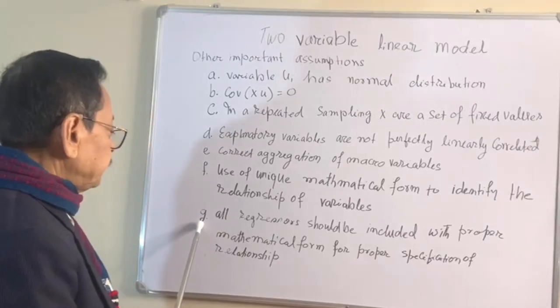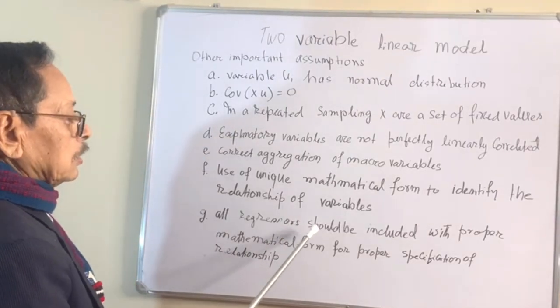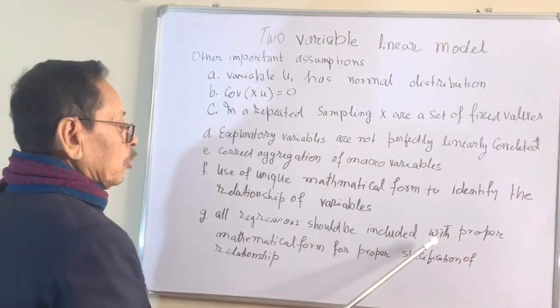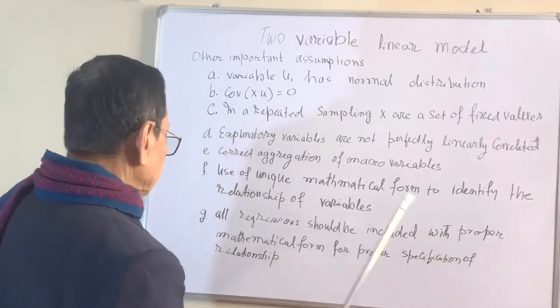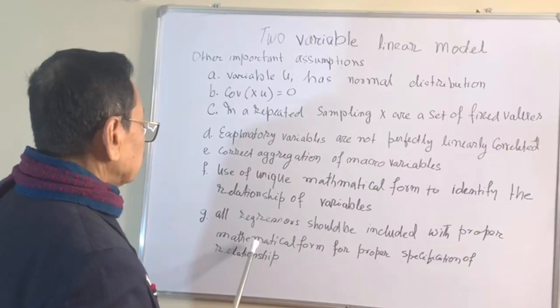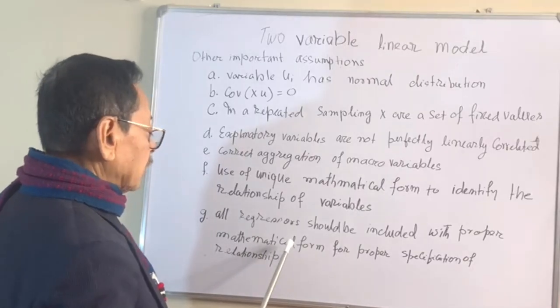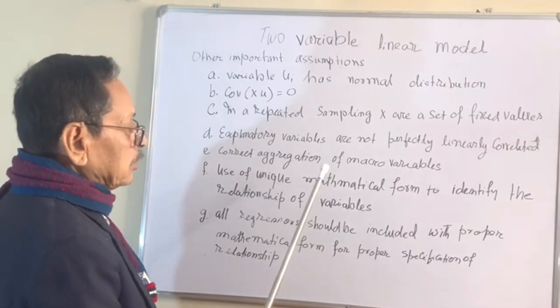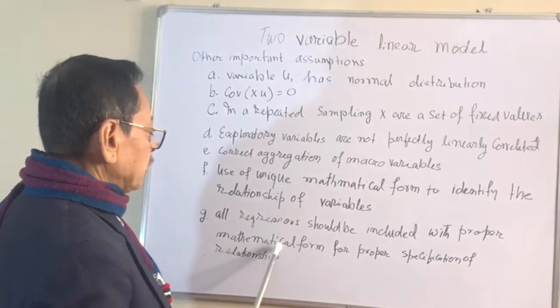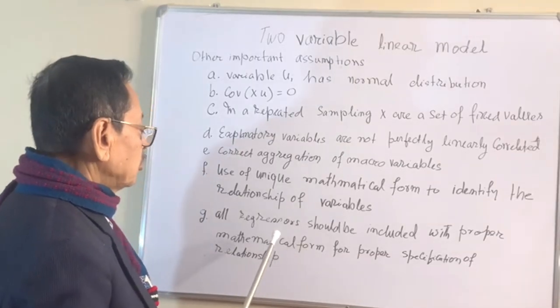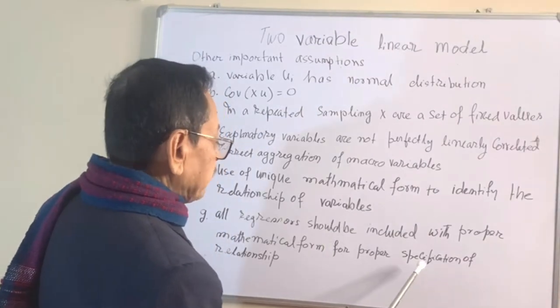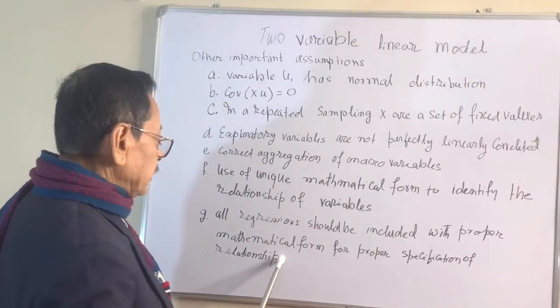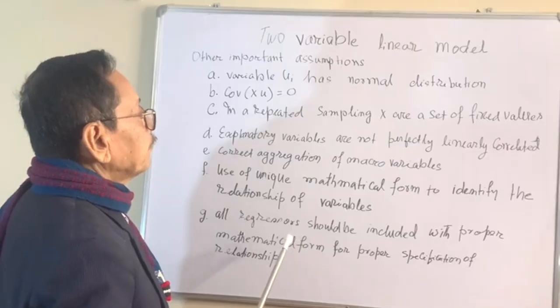Then G, all regressors should be included with proper mathematical form for proper specification of the relationship. This is also important, as we said earlier, that the proper mathematical form should be here so that we can specify the relationship in a proper way.